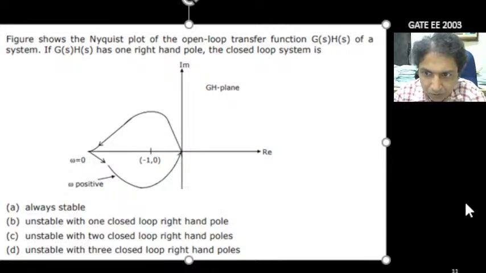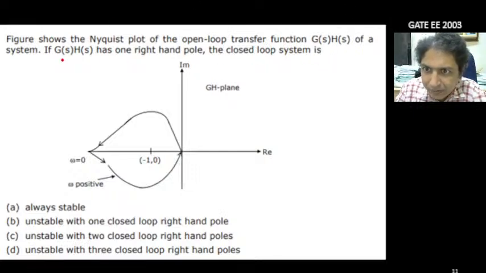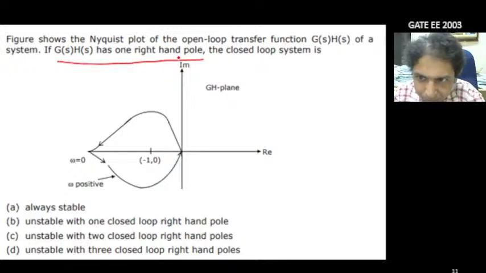So can you solve this problem? What is it saying? In the figure, the GSHS plane, the contour plot is given. And it is already said that this GSHS has one right hand side pole.